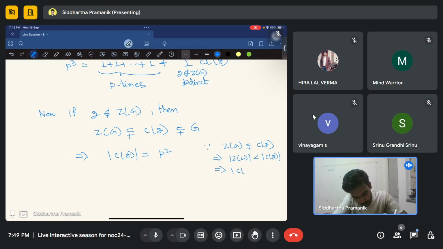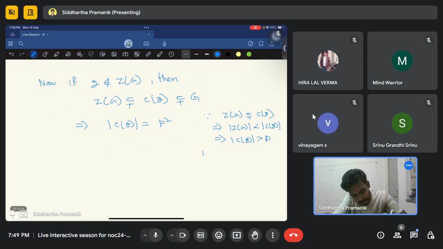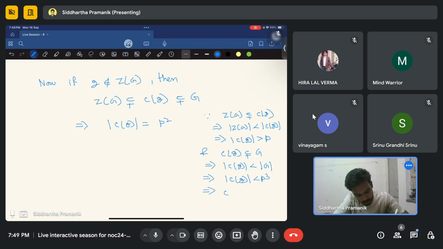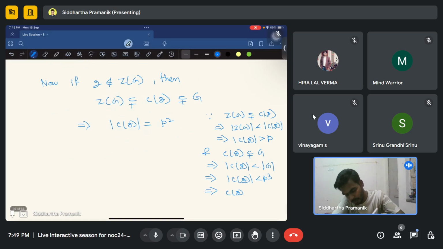So the order of the centralizer is strictly greater than P. And since the centralizer of g is a proper subset of G, the cardinality of the centralizer is strictly less than the order of G. So the order of C(g) is less than PQ. So what is the possibility? The order of the centralizer has to be P square.